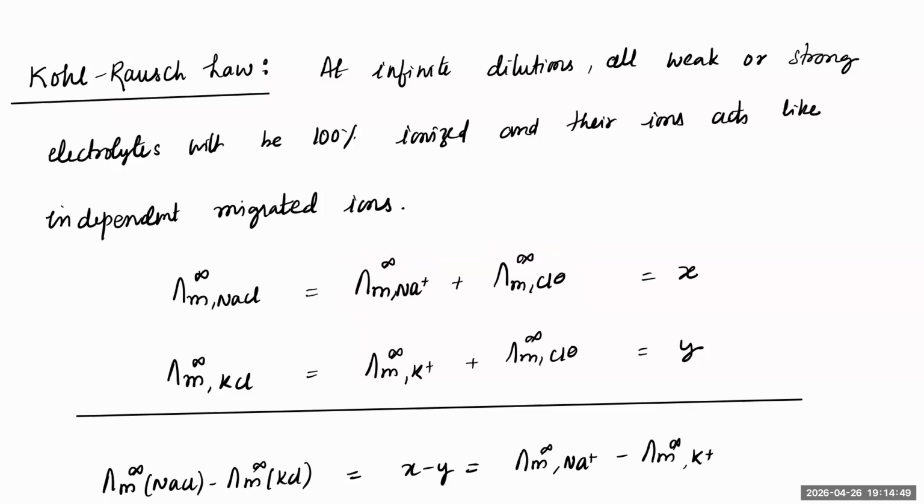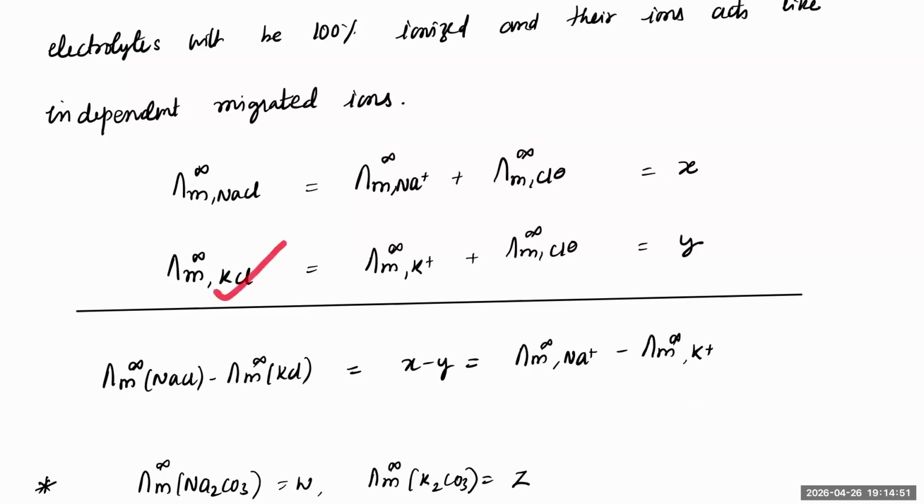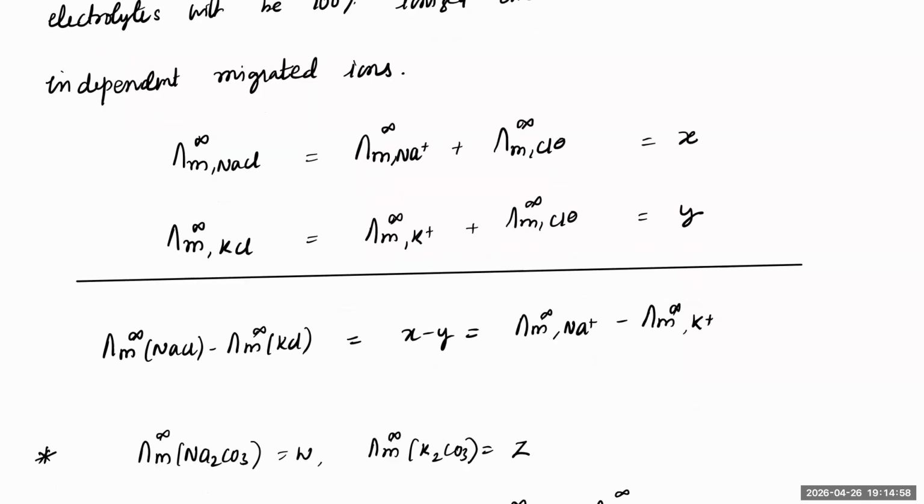Likewise, if I write it for KCl, it will be the same. So now my point is, if you are trying to figure out the value like this, lambda m of NaCl minus lambda m of KCl, in that case it will be x minus y, and x minus y will be equal to lambda m of Na plus minus lambda m of K plus.